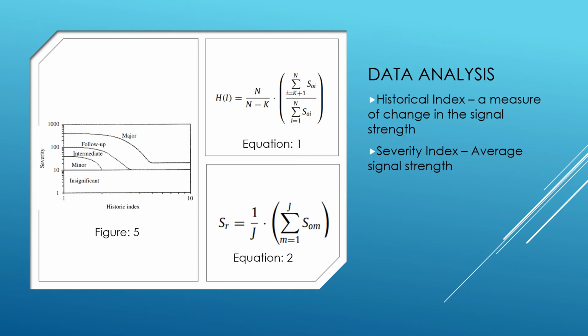N is the number of hits up to the time t. S is the signal strength of the ith or mth hit, and K and J are empirically derived constants based on the material for the historical and severity index. After plotting the historical and severity index, we get an intensity chart as seen in Figure 5.